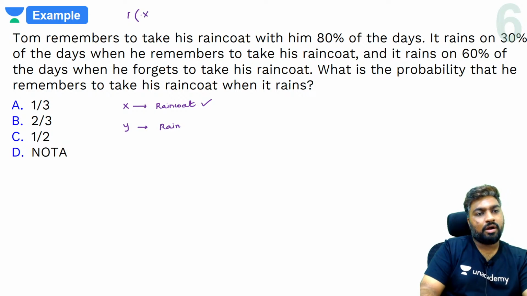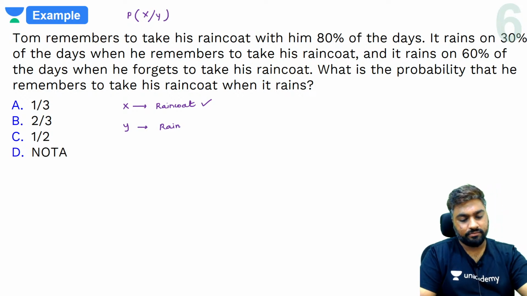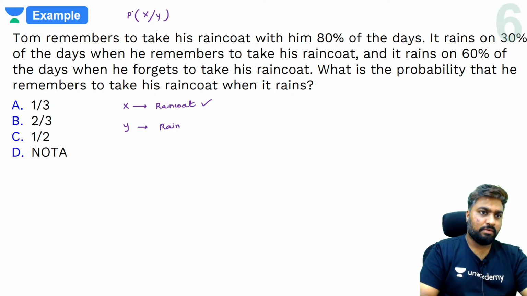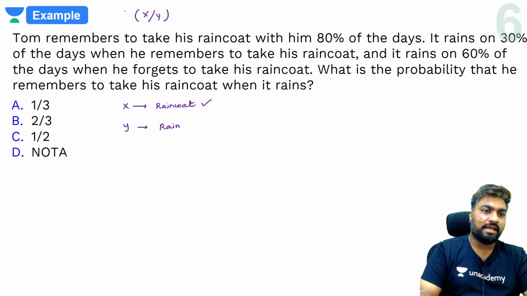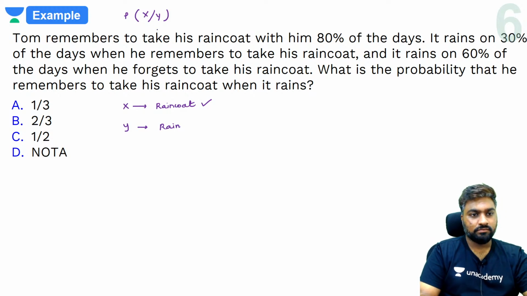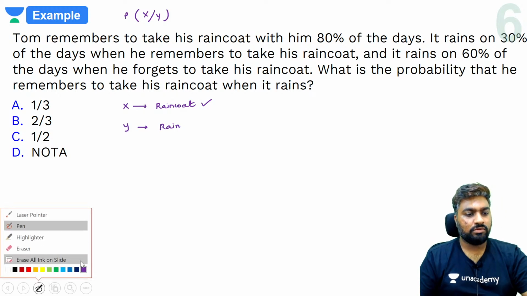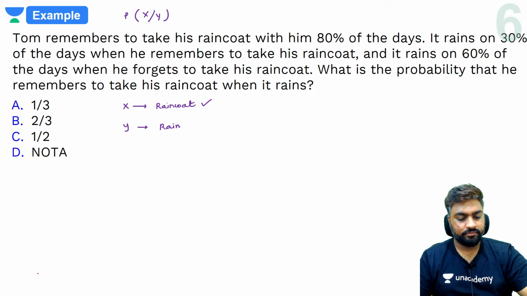That means probability of X given Y. The condition is that it is raining. Got it now? Try quickly, guys. Let's see who can answer this.